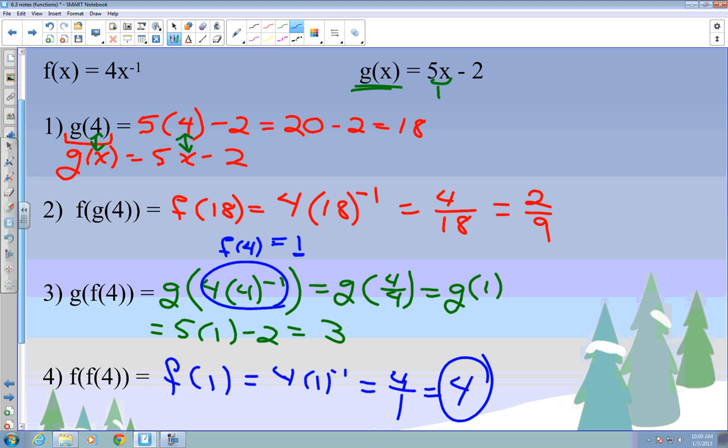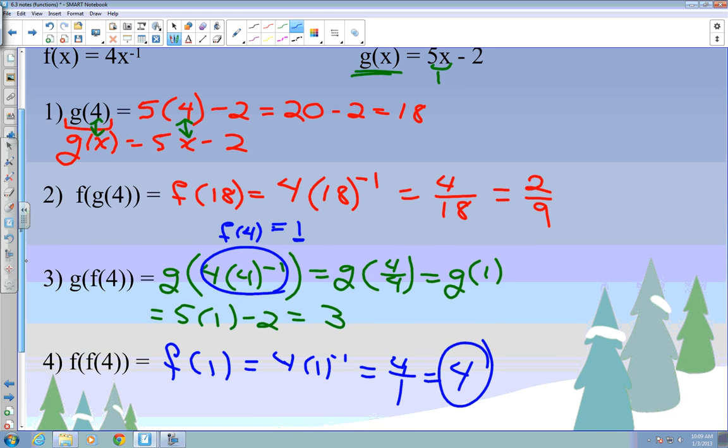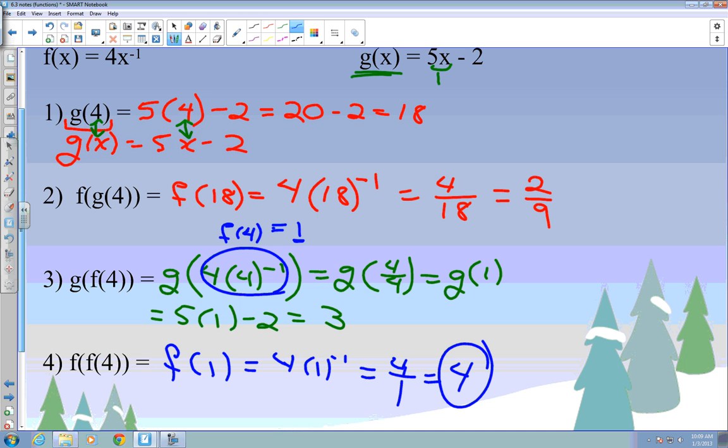Okay, last one we're going to do before we move on from this section, I still have another page here, is f of, this is the function f evaluated for 5x minus 2.